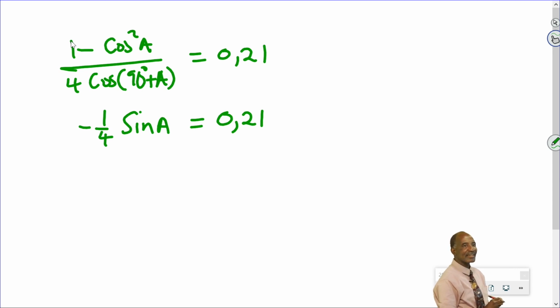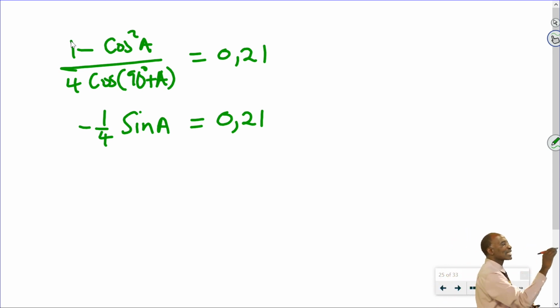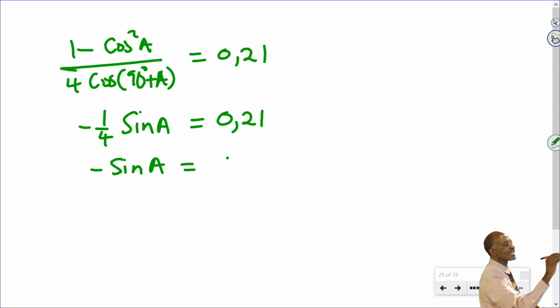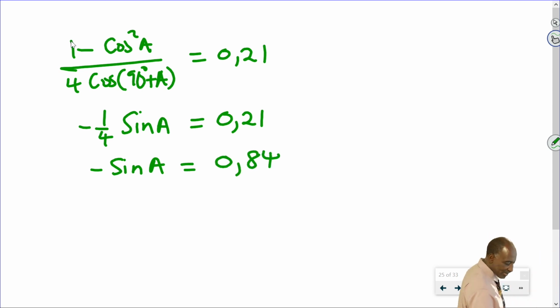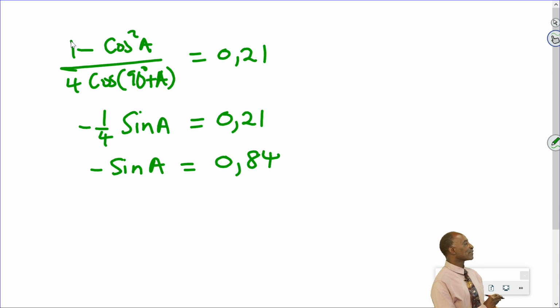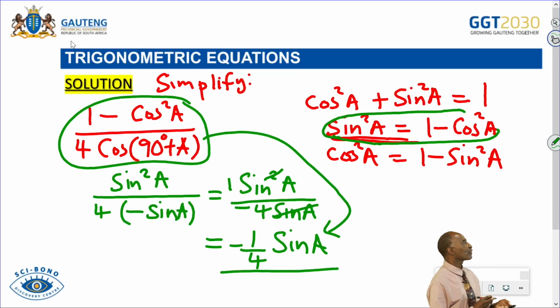Isolate your function. Then we multiply both sides by 4. We will get negative sine A is equals to 0.84. When you multiply both sides by that negative sine A, we're getting sine A equals to 0.84.